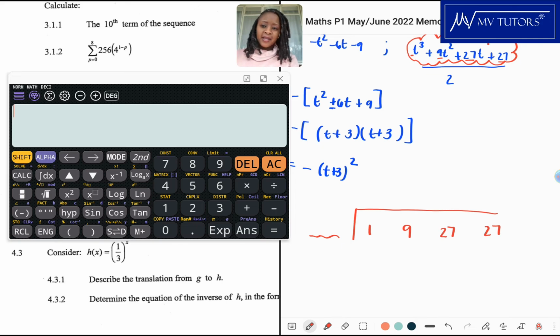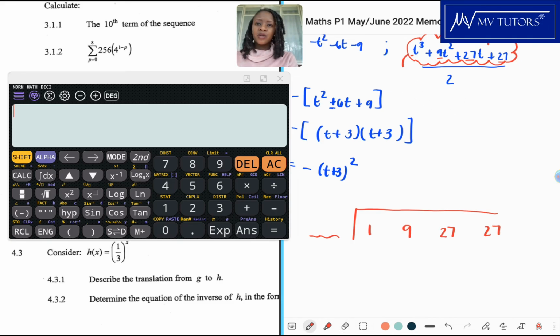Because we want to save some time, I am going to assume that one of the factors is either 3 or -3. If I plug 1 in there, I'm going to get 1 cubed, which is 1, plus 9, plus 27, plus 27. I am not going to get 0. Our aim is to get 0 at the end of the day.